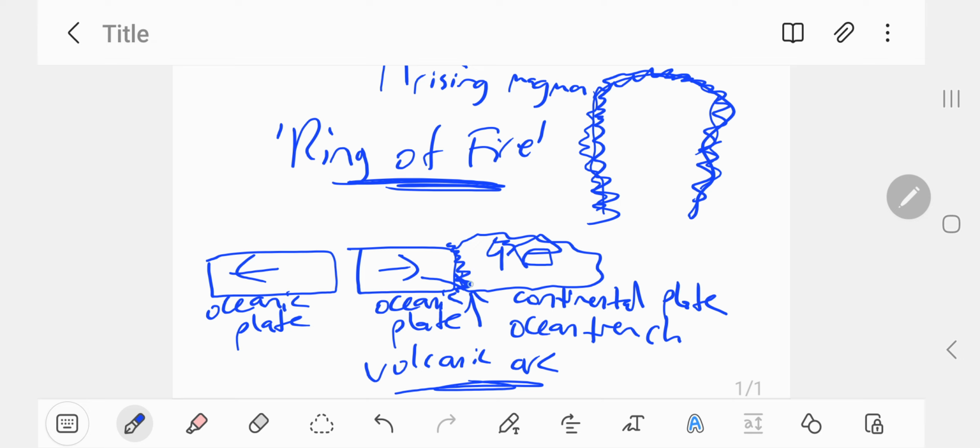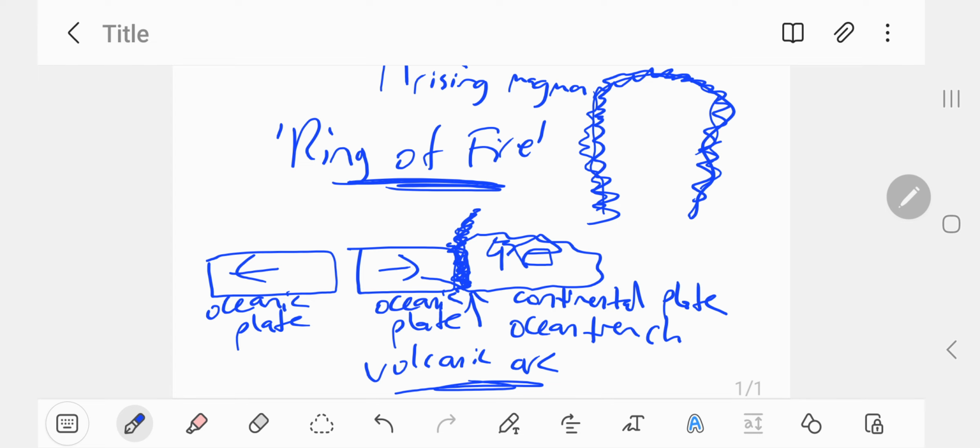So volcanoes form along this region here, this ocean trench. What I've drawn here is in 2D. You can imagine in 3D you've got an arc, a part of a circle. That's what an arc is, a series of volcanoes forming. And subduction zone volcanoes erupt violently due to the pressure of gases moving up to the surface, and rock.